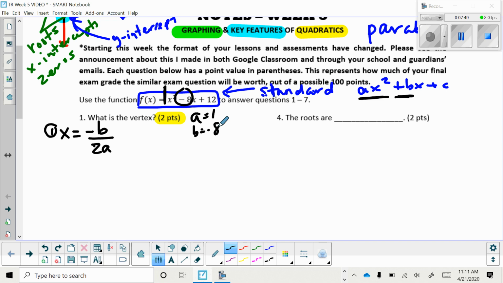But notice that the formula already has a negative that's part of it, okay? You have to leave that there. So this negative I'm writing down is from the formula. But this next negative I'm writing down is from b. They both have to go in there, okay? And then we're going to divide that by 2a, and I know that a is 1.